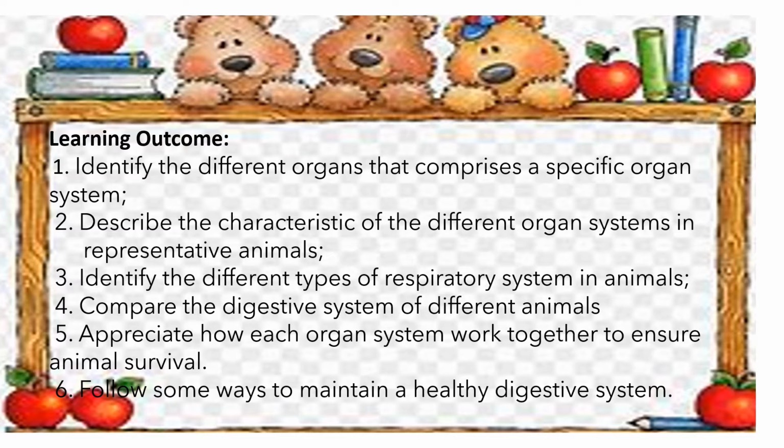Compare the digestive system of different animals. Different animals also vary in their digestive system, and so with their respiratory system. Then appreciate how each organ system works together to ensure animal survival. Then follow some ways to maintain a healthy digestive system.